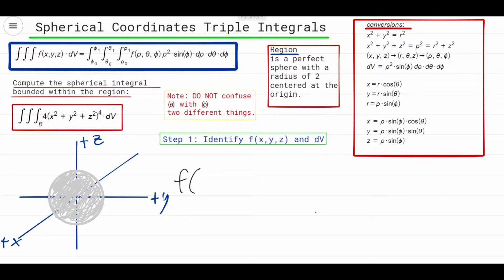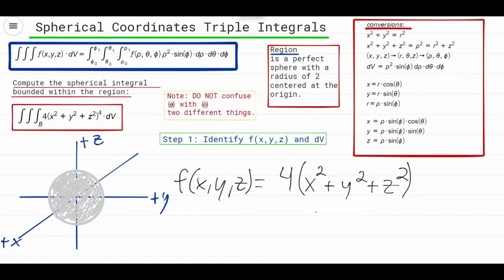Now f of x, y, z is given to us in the problem statement as 4 times (x squared plus y squared plus z squared) raised to the 4th power. And our dV is given in the conversions, so it's rho squared sine phi d rho d theta d phi.